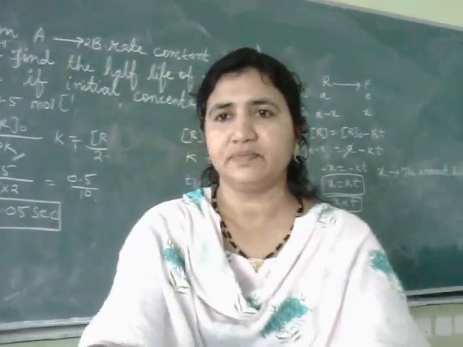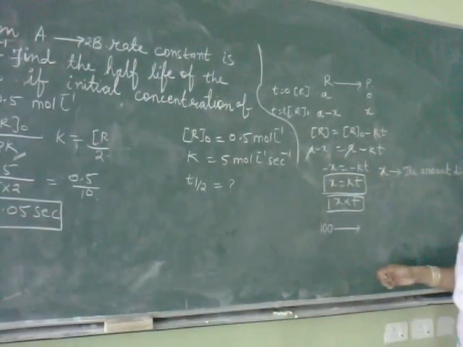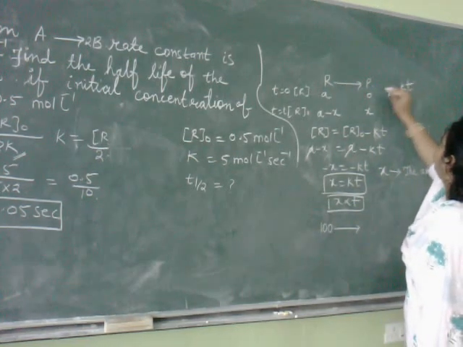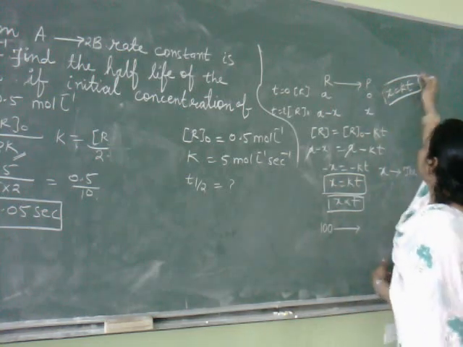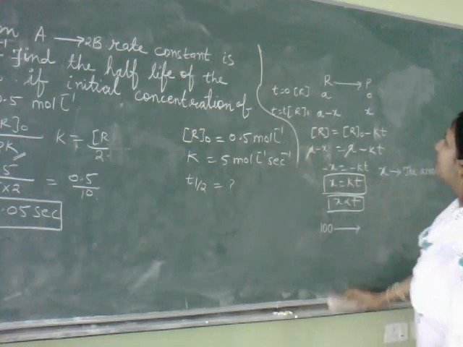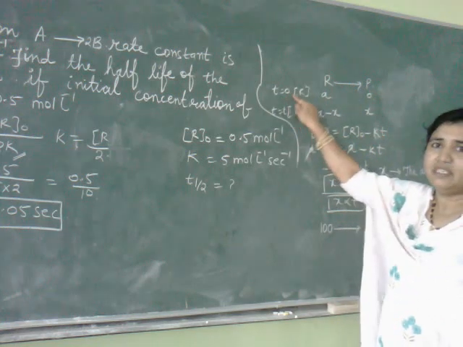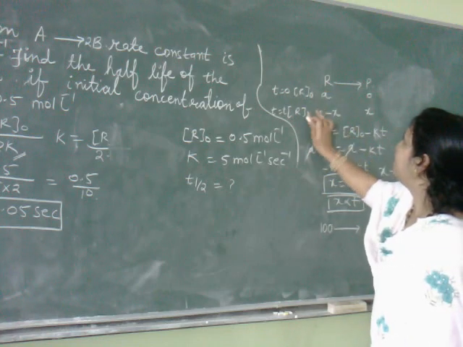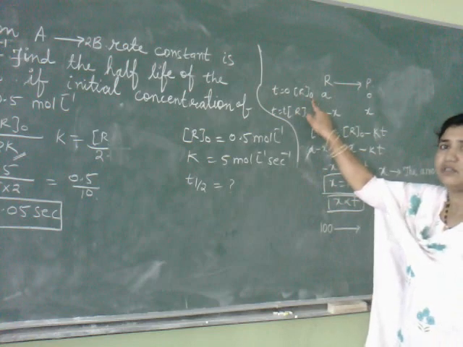Now the next formula we have here. Can you see? I have written here x is equal to Kt. How did we get this formula? We have our zero order reaction, R gives product. Initially, when time is 0, the concentration of the reactant is R naught, the initial concentration.